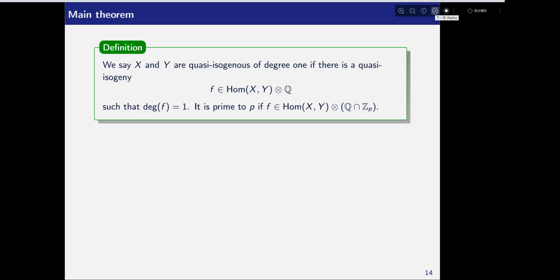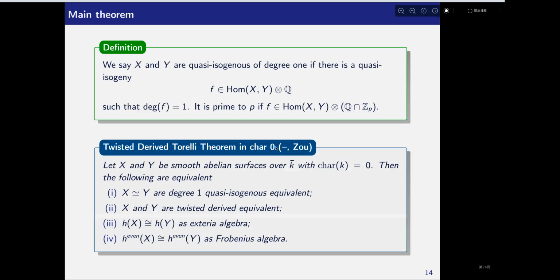So why is this notion important? Because this is our main theorem. We first give a twisted derived Torelli theorem in characteristic 0. If we have two smooth abelian surfaces over K bar, with characteristic 0, then the following are equivalent. X and Y are quasi-isogenous of degree 1.